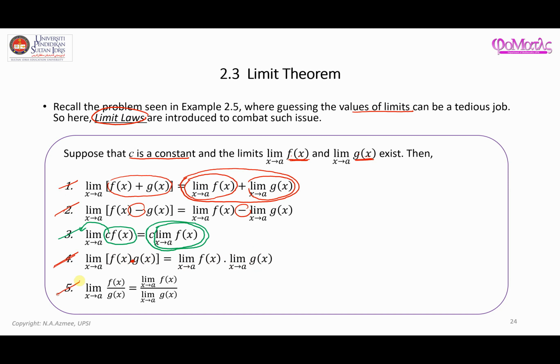In a similar manner, the fifth rule is a division process. Again, this rule is similar to the fourth, second, and first rules, where you evaluate them separately and then apply the division process. Once you got the answers, you divide accordingly. Okay, right, next.